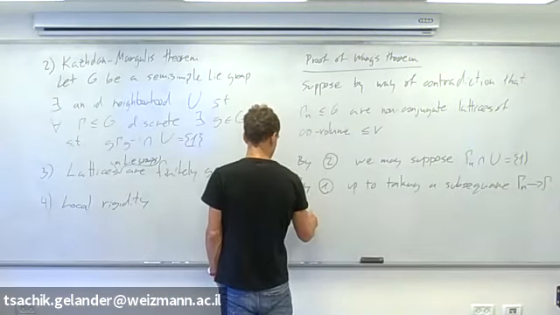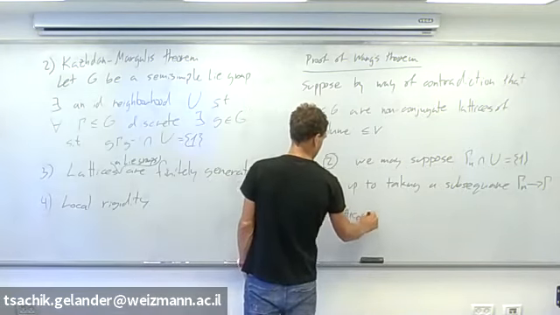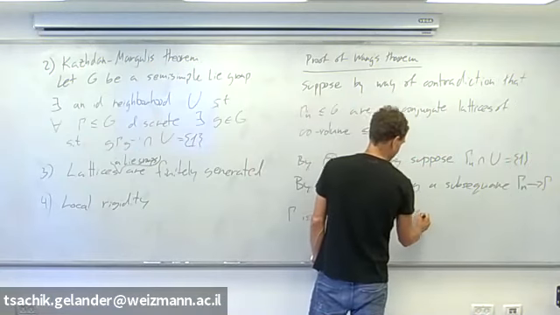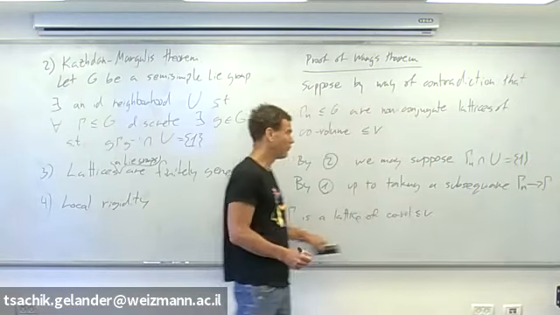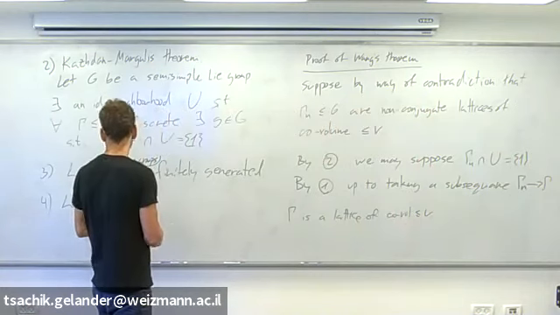And Gamma is a lattice of covolume V. Now I will show you that Gamma_n must be conjugated to Gamma.